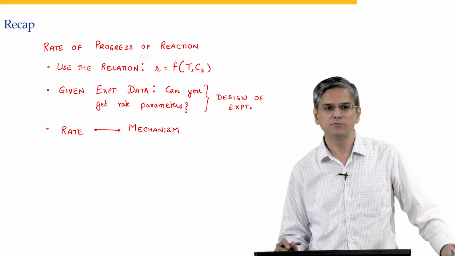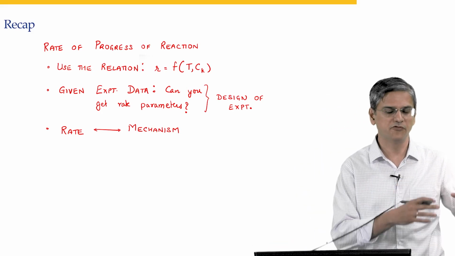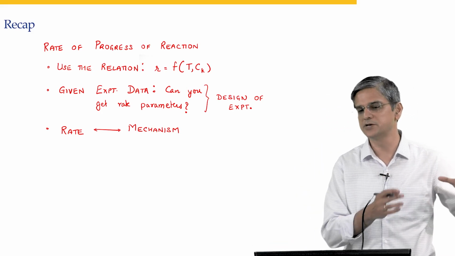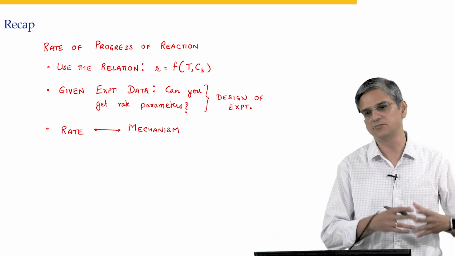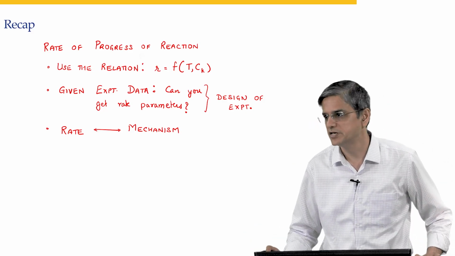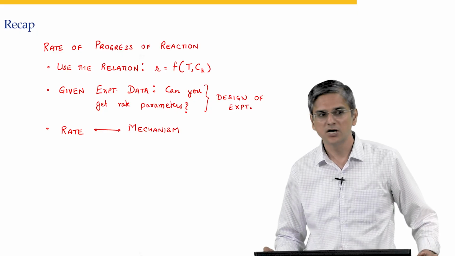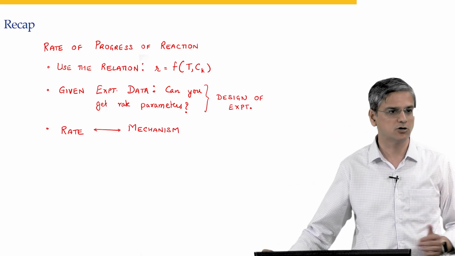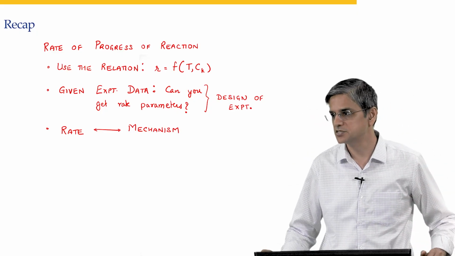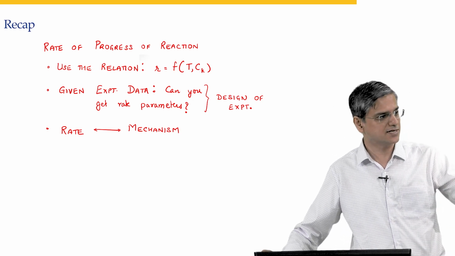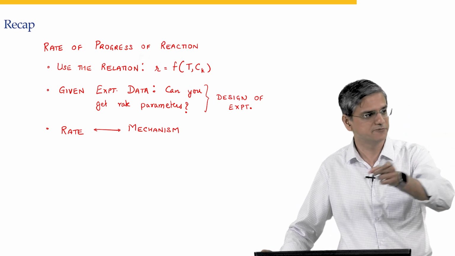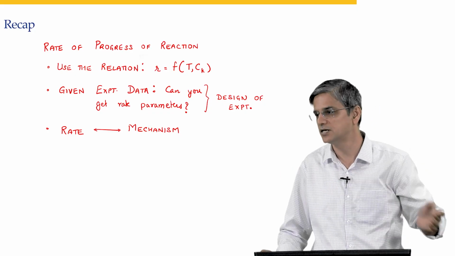Rate basically means if you are looking at A disappearing or P forming, for example, alcohol disappearing and ester being formed, rate basically tells you how quickly alcohol disappears or how quickly ester forms because of reaction. Mechanism tells you how exactly or what exactly are the various steps involved in that transformation.